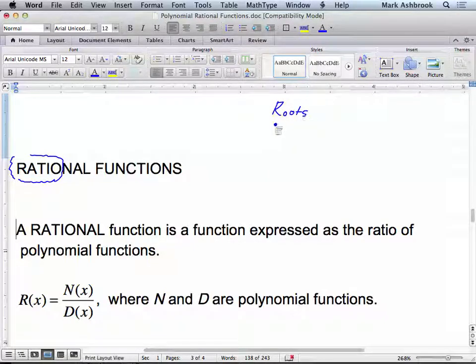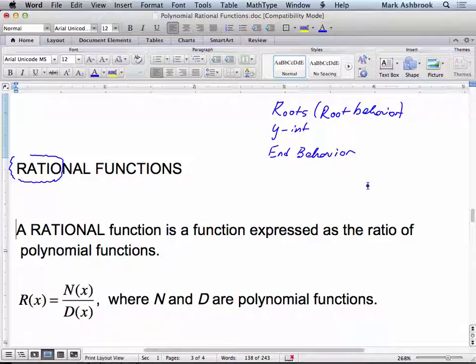So in terms of rational functions, these three things we'll still be looking at in order to analyze and sketch graphs of rational functions.